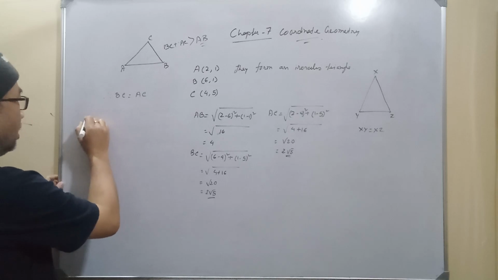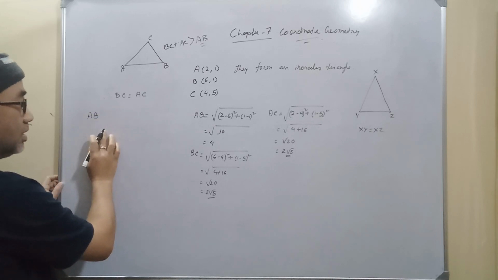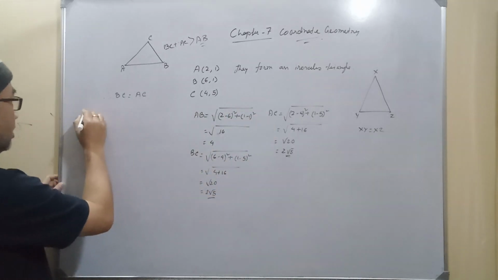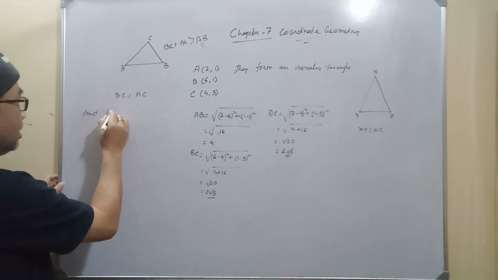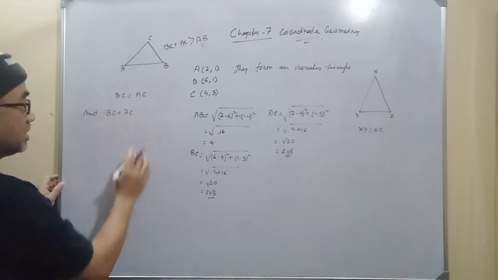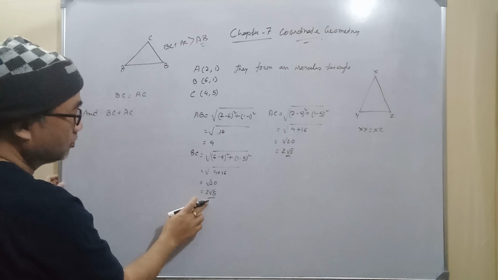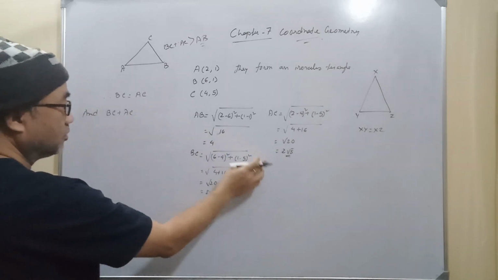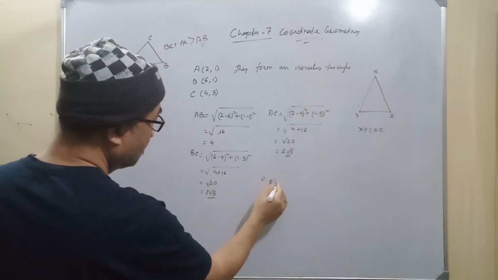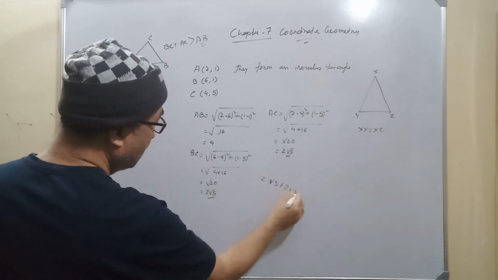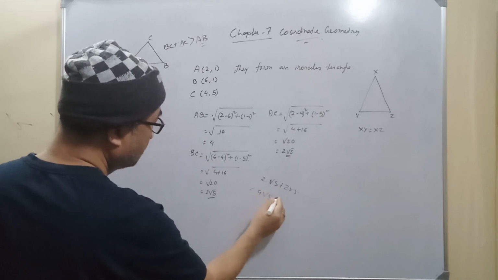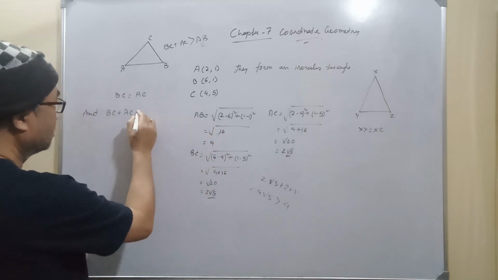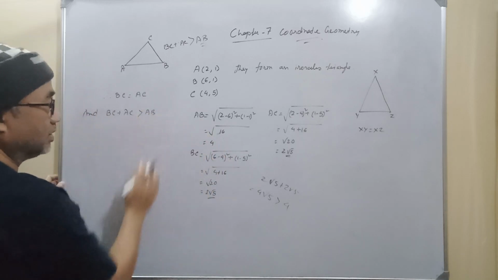So BC plus AC: BC is 2 square root 5, AC is 2 square root 5. So 2 square root 5 plus 2 square root 5 is 4 square root 5, which is greater than 4. What is 4? It is AB. So it is greater than AB.